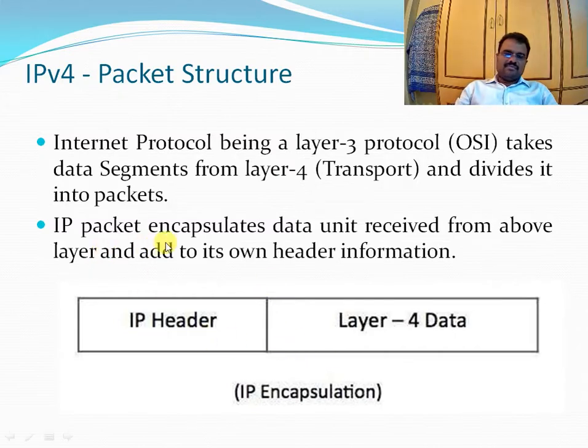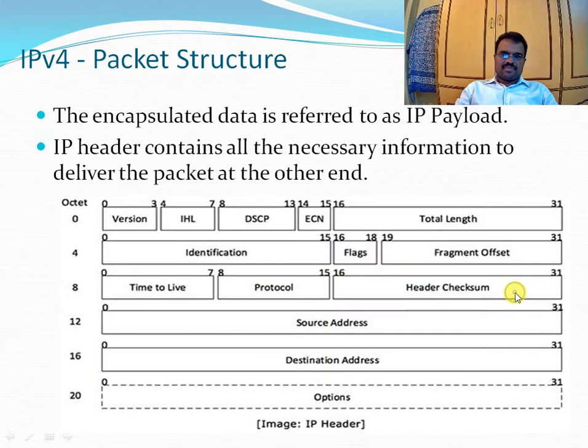The IP packet encapsulates the data unit received from the layer above and adds its own header information. This encapsulated data is referred to as the IP payload. The IP header contains all the necessary information to deliver the packet at the other end.